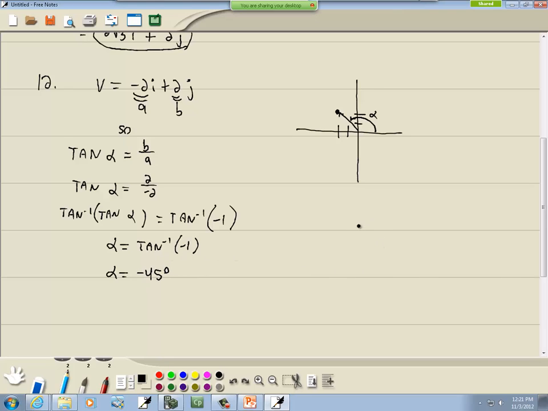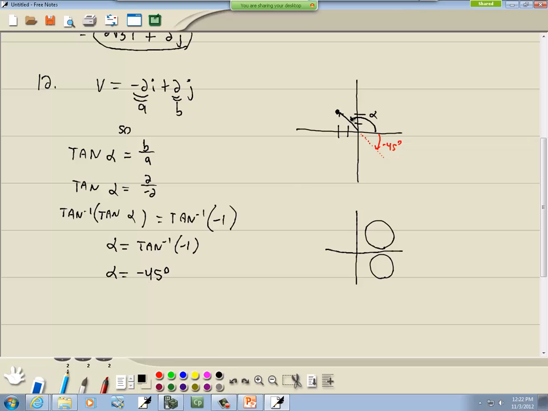Now remember, with the inverse tangent, the only places the inverse tangent works is this quadrant and this quadrant. Well, if we looked at where our point was, the negative 2, 2, that was in this quadrant. So this is where our vector falls. We came up with negative 45. Well, negative 45 is over here. That's my negative 45. I want it to be over here.